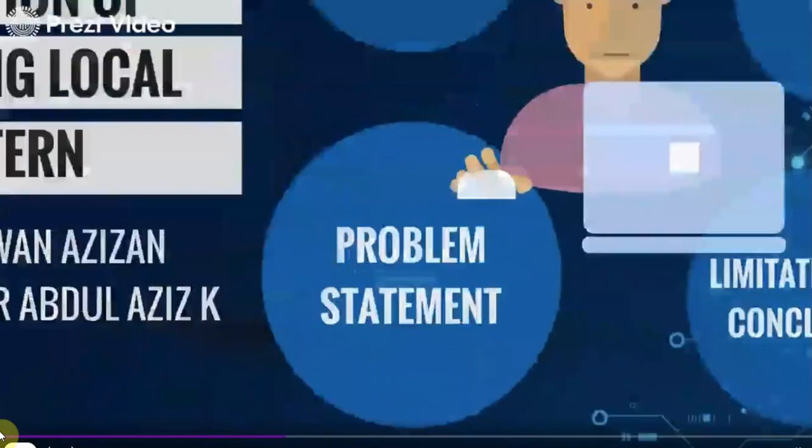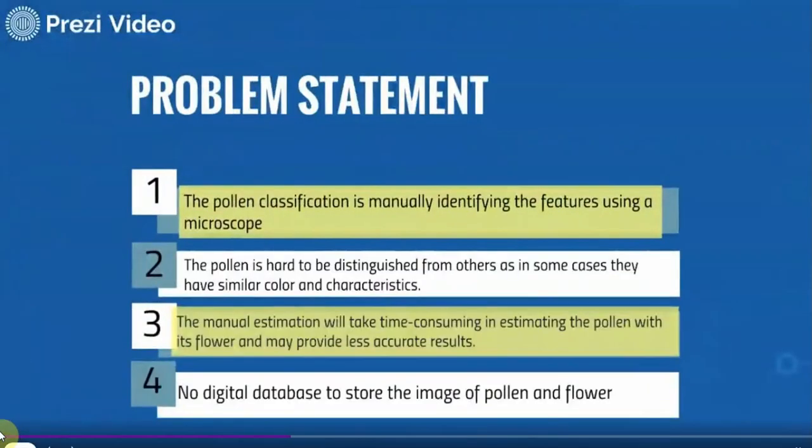Next, for problem statement that I found while doing the research, the pollen classification is manually identifying the features using a microscope. The pollen is hard to be distinguished from others as in some cases they have similar color, characteristics and texture.